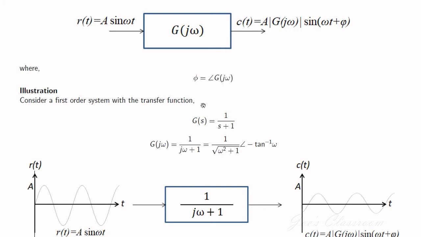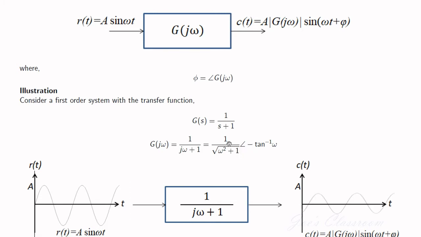So we took an example, a first order system with a transfer function G(s) given by 1 by s plus 1. G(j omega) we can obtain for that system as 1 by j omega plus 1, that is obtained just by replacing the s term by j omega. So this will get reduced to a complex number. As a complex number, it will have a magnitude and also an angle.